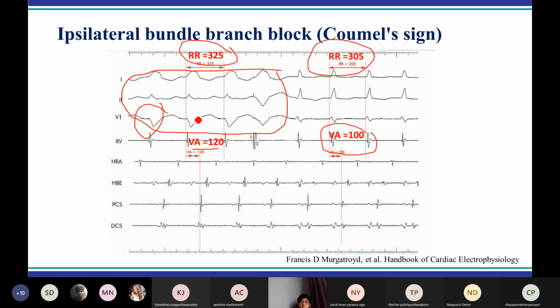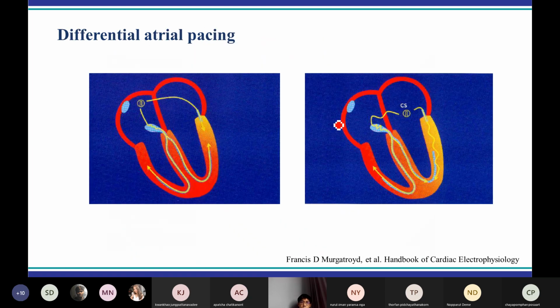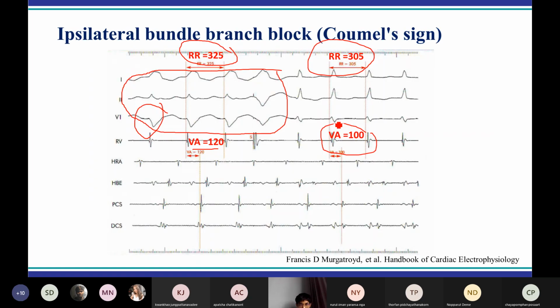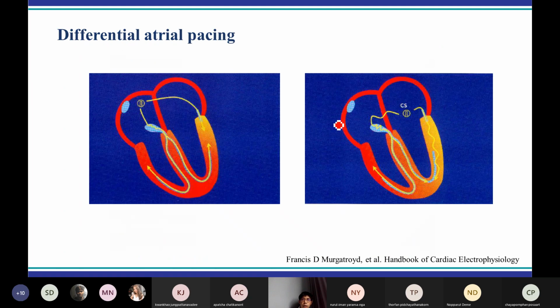If the bundle branch block is a right bundle branch block, and there is a Kumel sign like this, you could say that the accessory pathway should be on the right, the same side as the bundle branch block. Okay, so we have discussed this before, and this is one of the important signs.